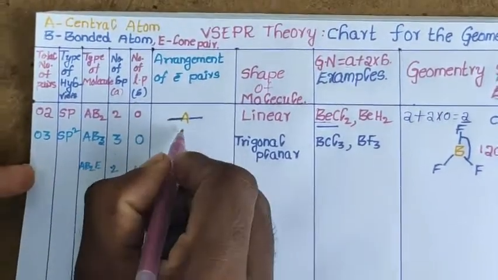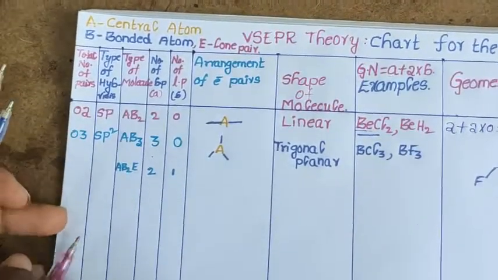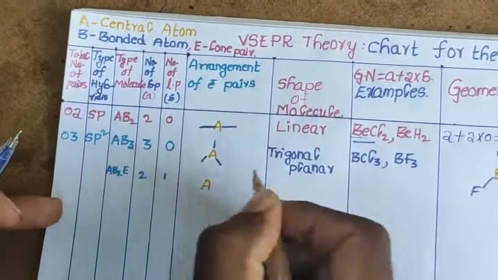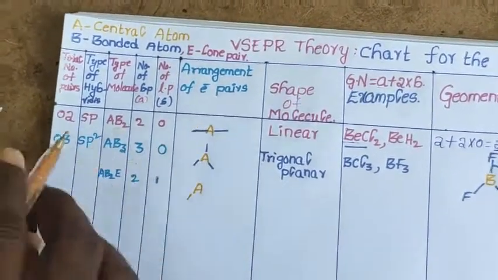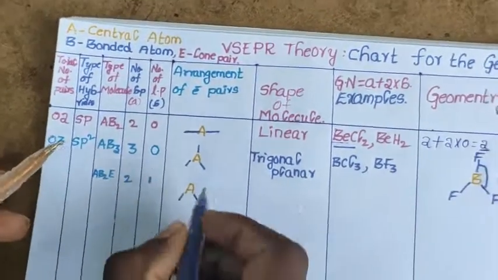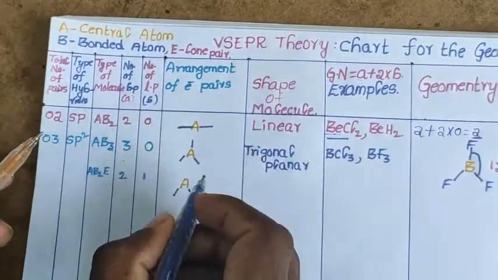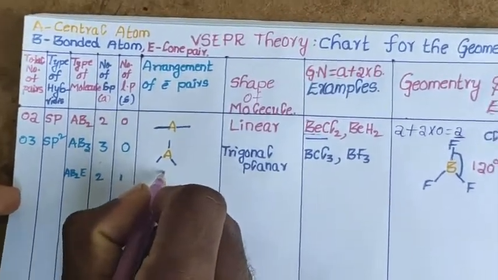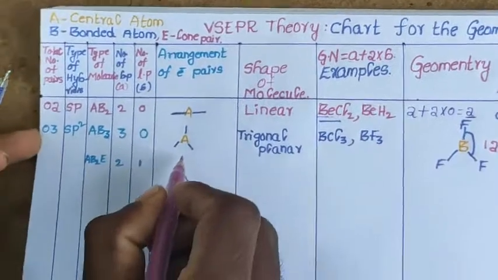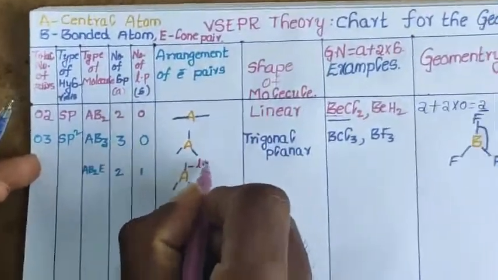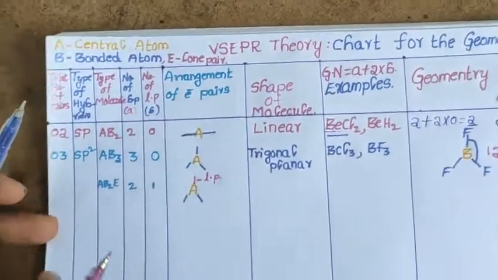So I will replace a bond pair with a lone pair. I will write the lone pair like this. This color means lone pair. So one lone pair.